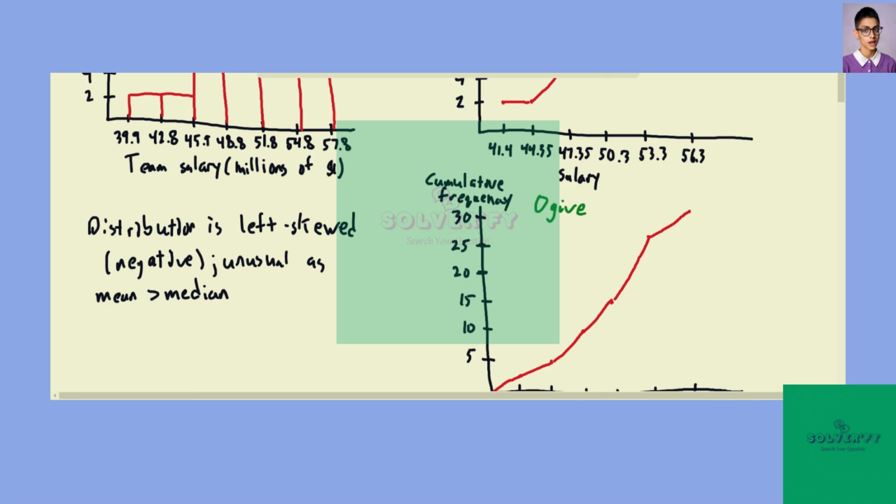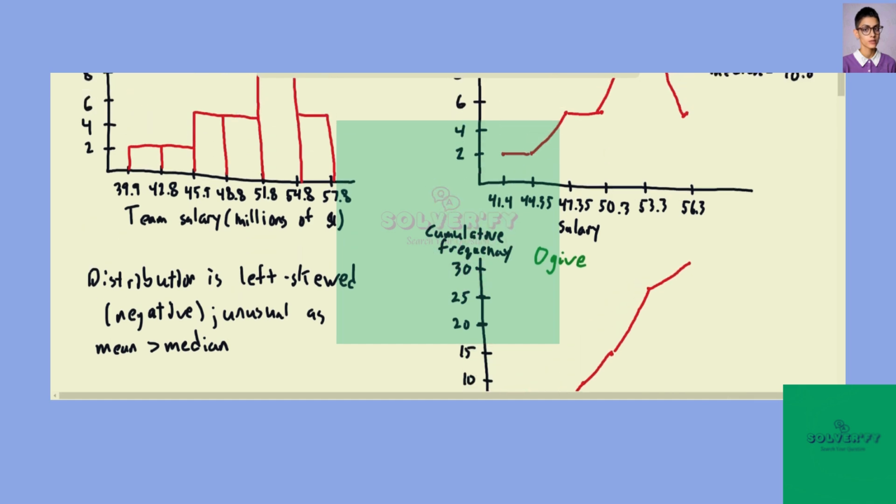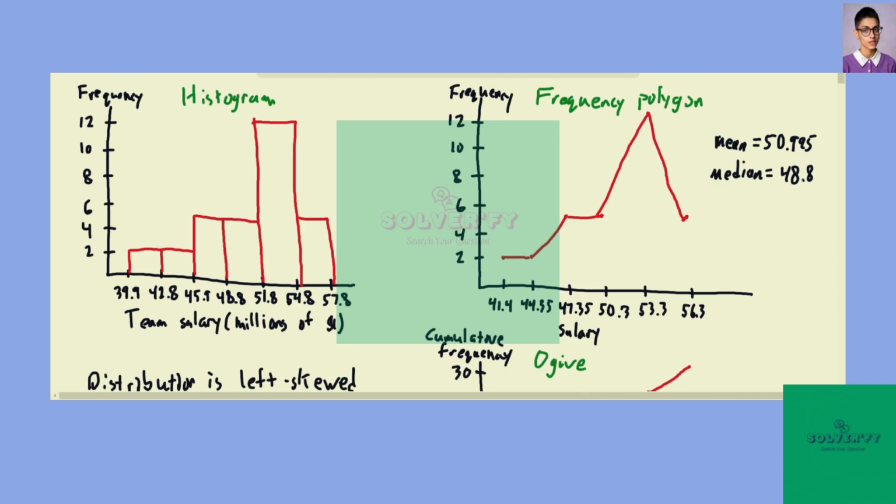That will sometimes happen when it's a small sample and there's not too many different classes. So sometimes you get slightly unusual results. But yeah, we have a left skewed distribution and our three different representations of our frequencies by class.